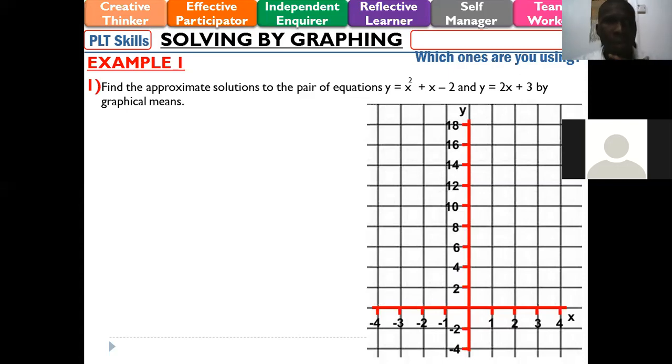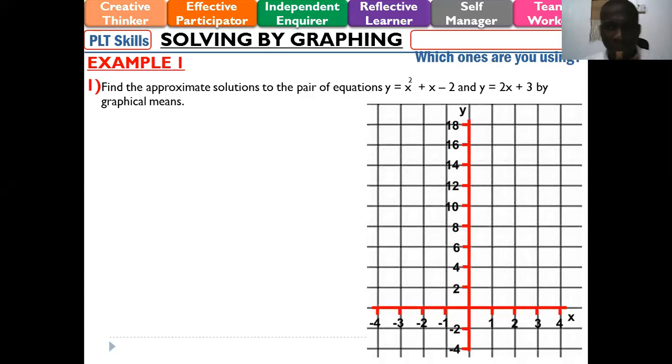Now consider the example given. Find the approximate solution to the pair of equations y equals x squared plus x minus 2 and y equals 2x plus 3 by graphical means.